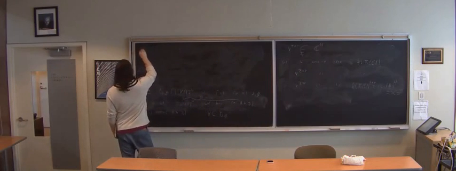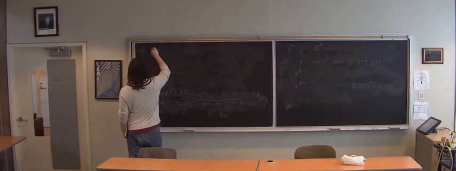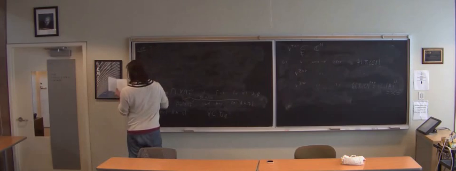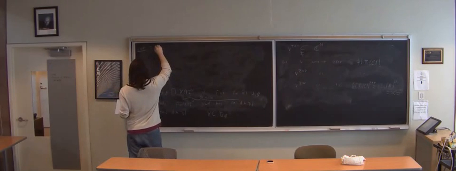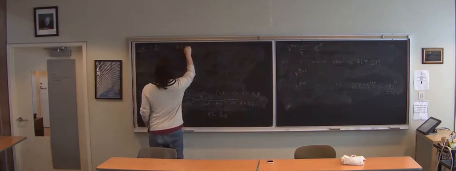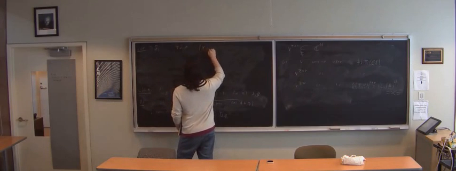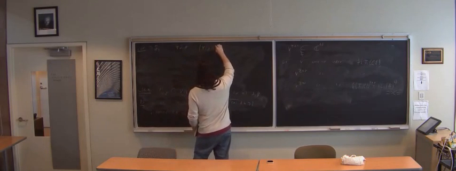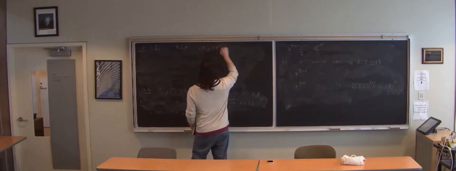So as an immediate corollary, there exists some constant, let's say delta 1, such that for all alpha and beta, the size of this is bounded by delta 1.